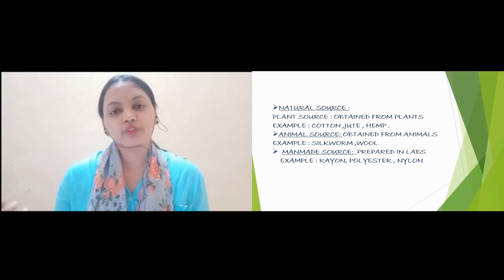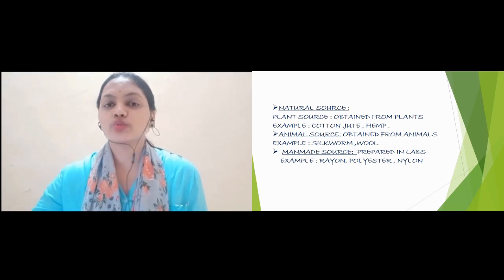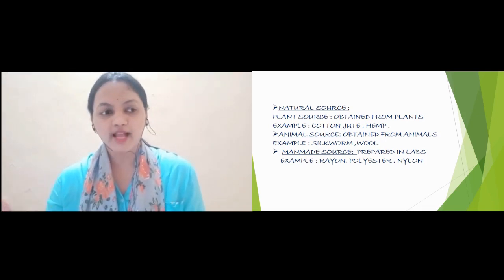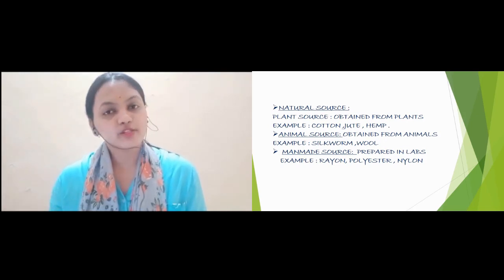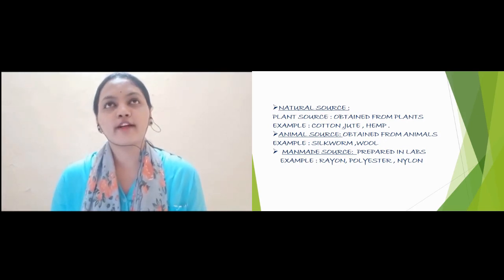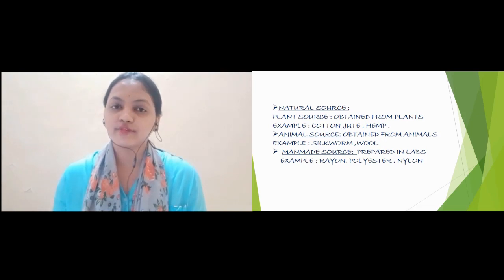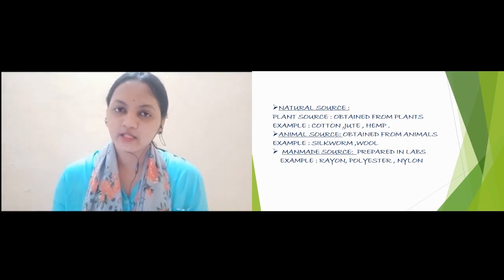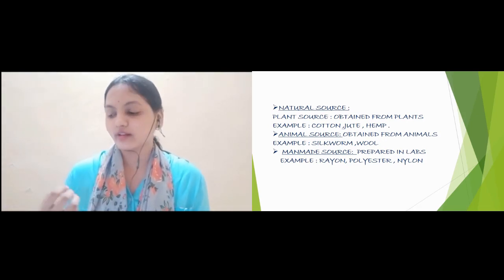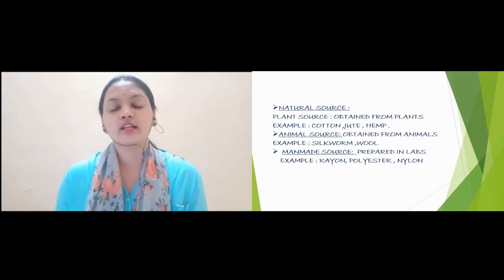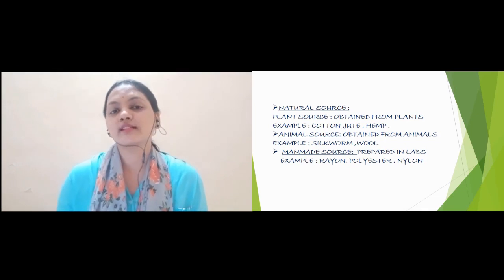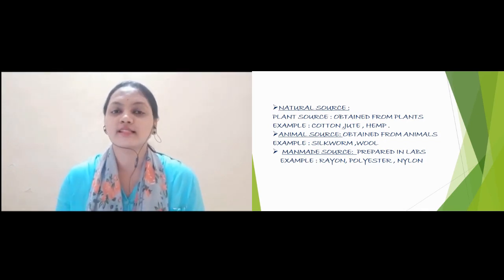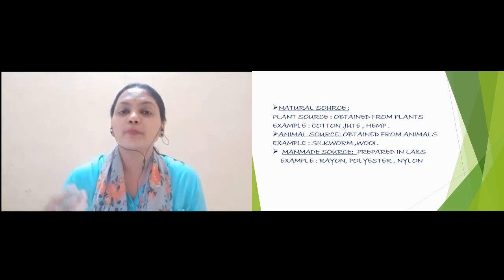When we go to the examples of man-made sources, that is synthetic fibers, examples of them are rayon, polyester, and nylon. These are all examples of synthetic fibers, which contain a man-made thing, that is plastic.